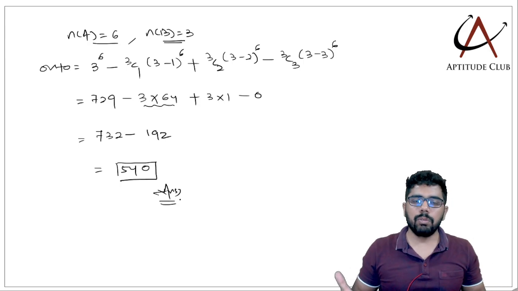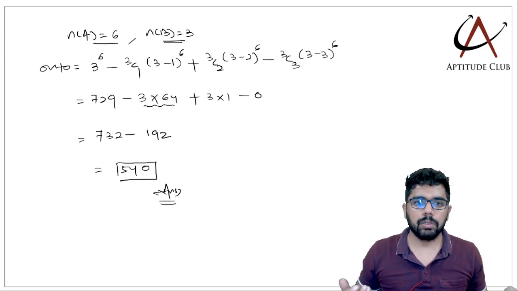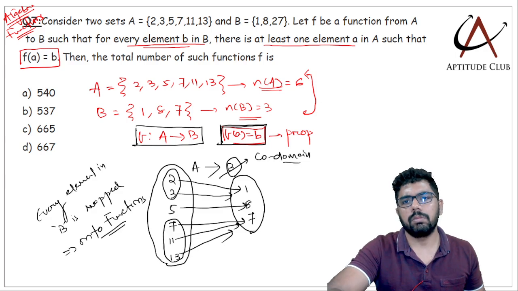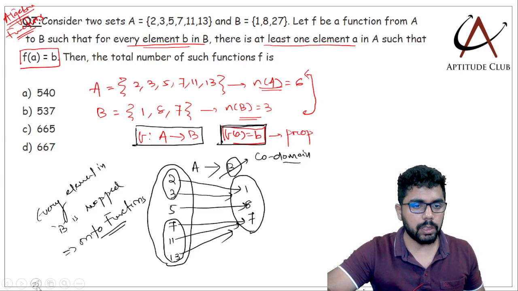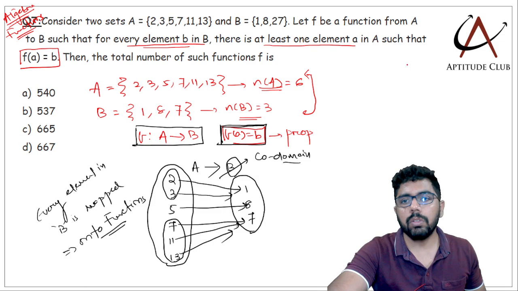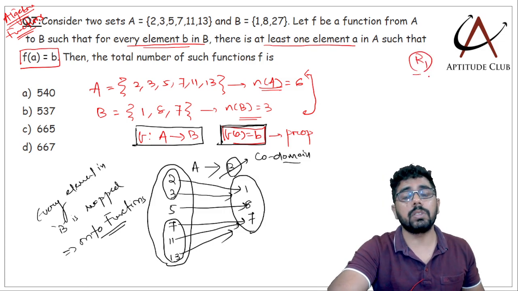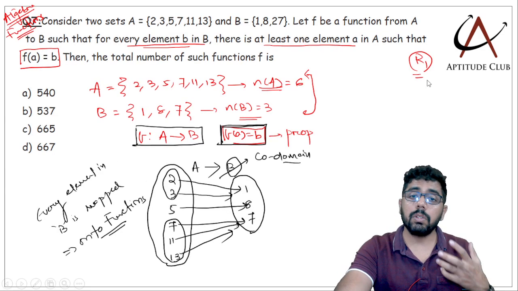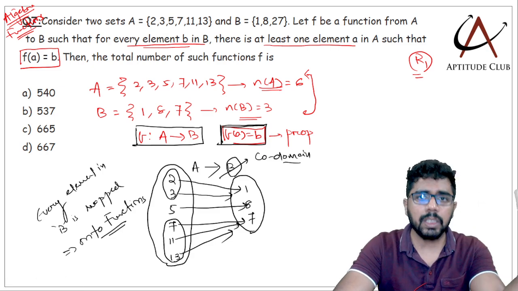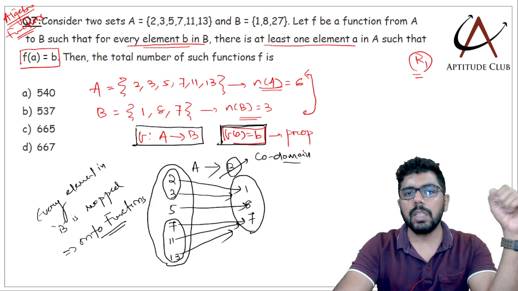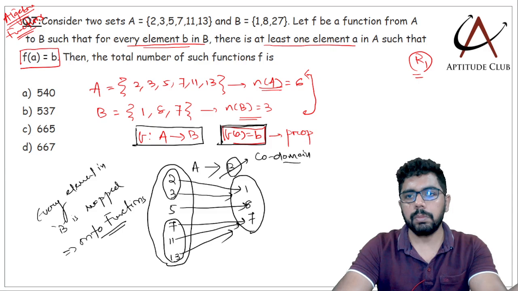If you know what an onto function is and how to calculate the number of onto functions, this was a direct question. But a lot of people did not solve this, not because they were not able to, just because they have not read this. A lot of people would have skipped the fundamentals of functions, thinking not a lot of questions are being asked from it.